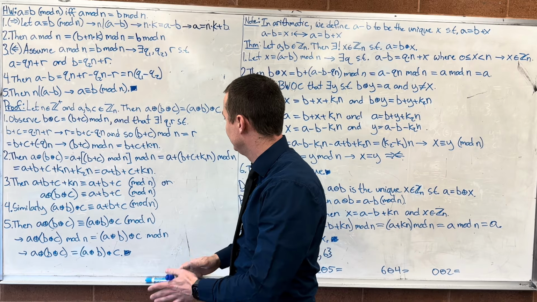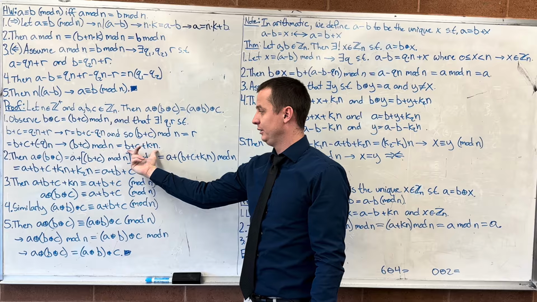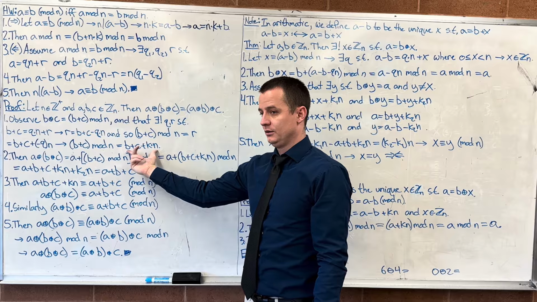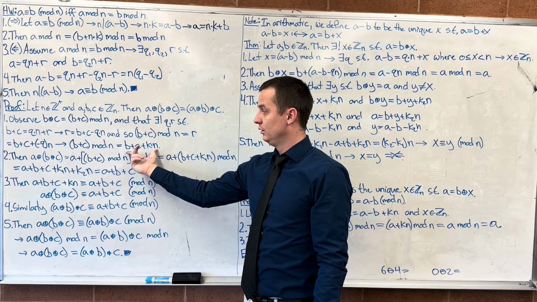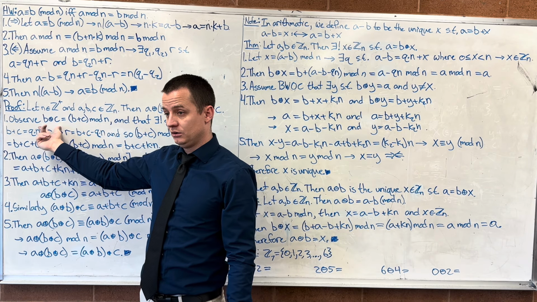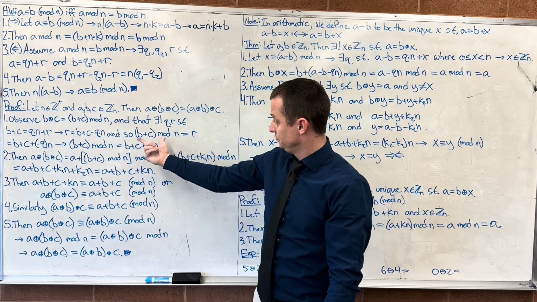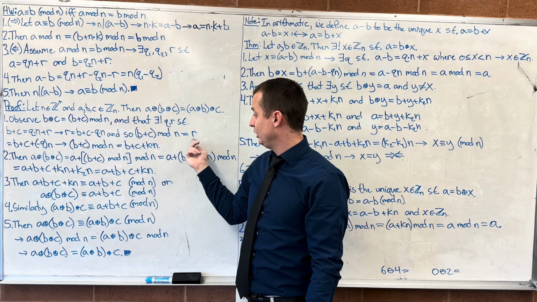did I lose you in this? What is this equal to? Did you follow what this is equal to? It's equal to our remainder, which is what this gives you. So, follow this one more time. b plus c mod n is equal to our remainder.